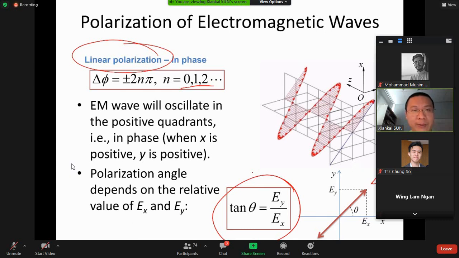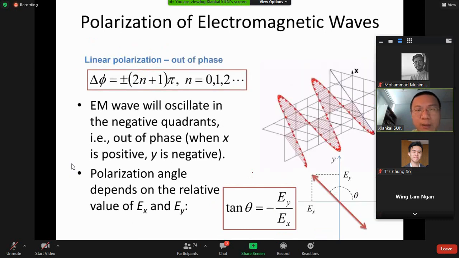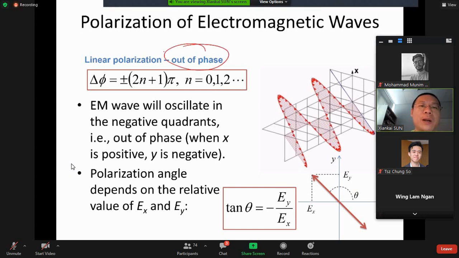In the second scenario, they are out of phase. So the delta phi is equal to plus minus (2m plus 1) times pi, with m being an integer. Okay, so in this case, the Ex and Ey components are out of phase because, as you can tell, when Ex is negative, Ey is positive.